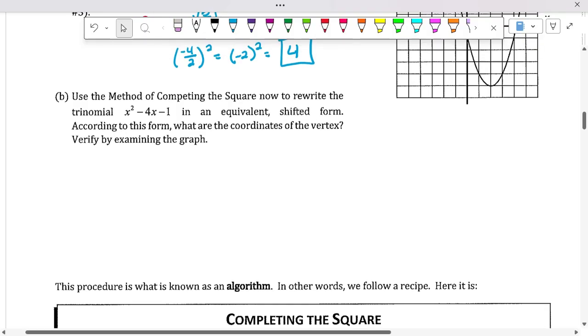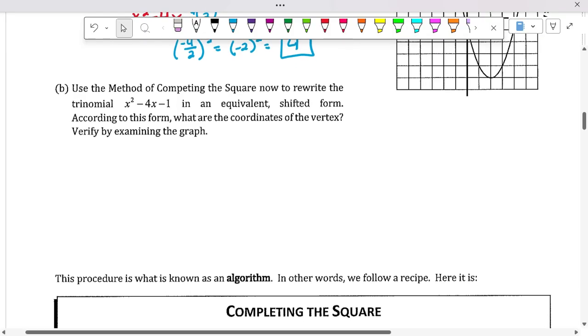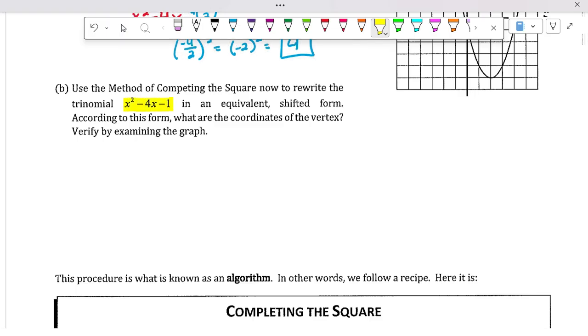So now we're going to rewrite this trinomial, the x squared minus 4x minus 1, to make the vertex form. So off to the side, I'm going to write out the steps.